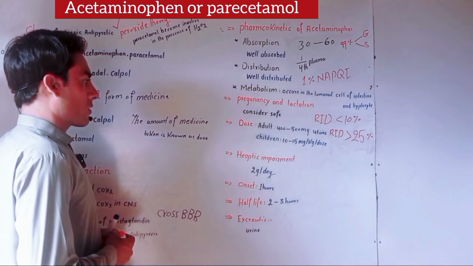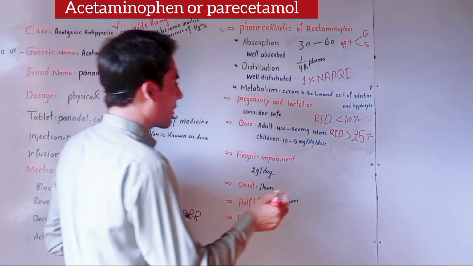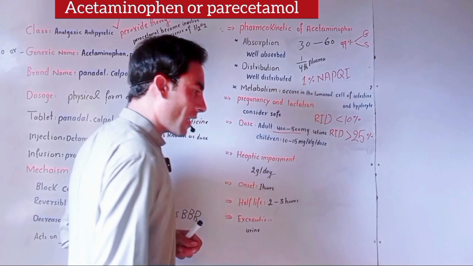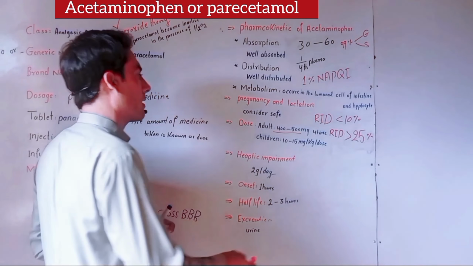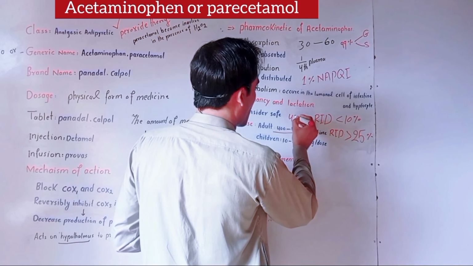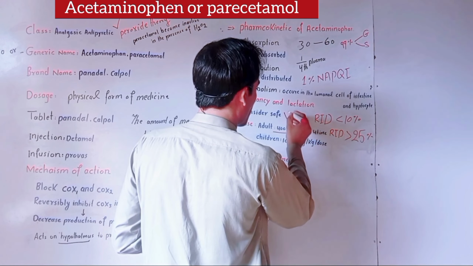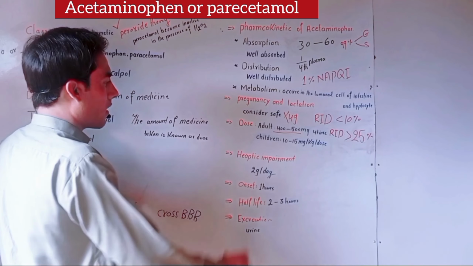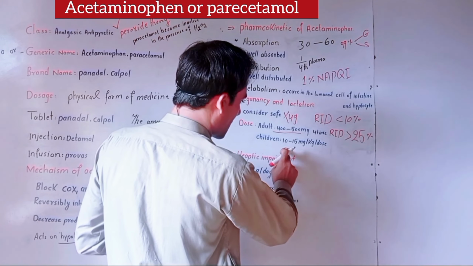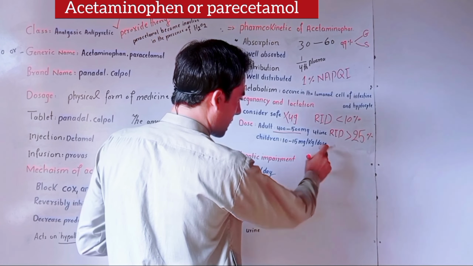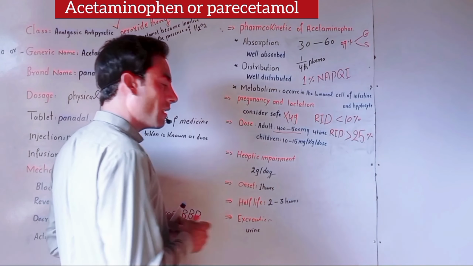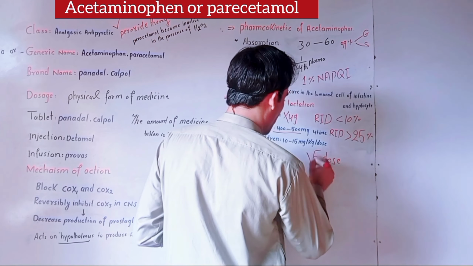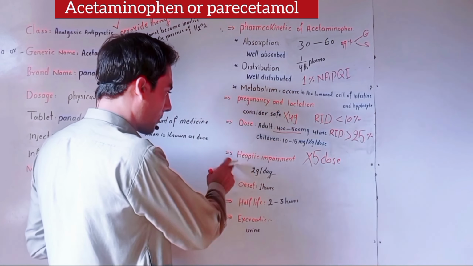Now come to dose. For adults, 500 milligrams, four times per day, and do not exceed 4 grams per day. For children, 10 to 15 milligrams per kg per dose, and do not exceed 5 doses. Now come to hepatic impairment.